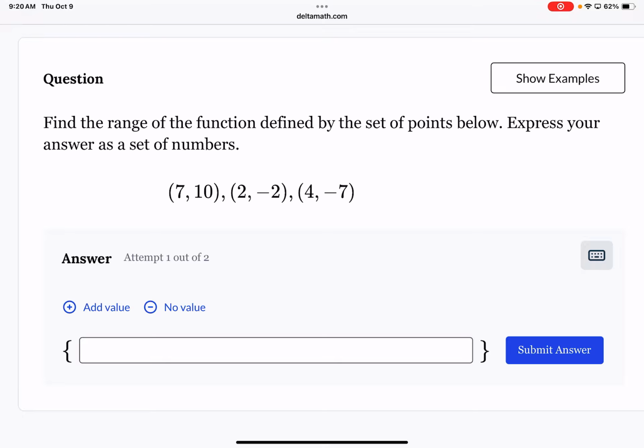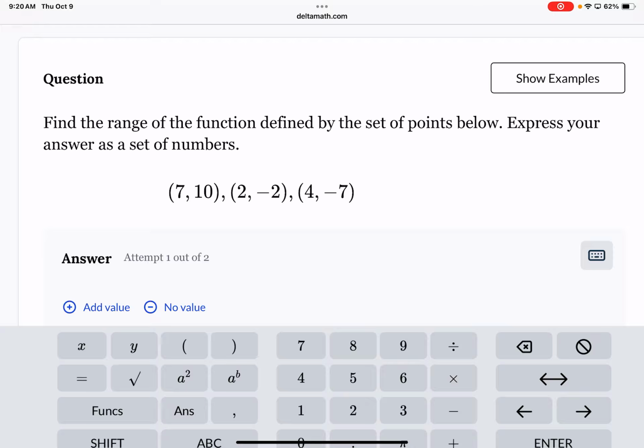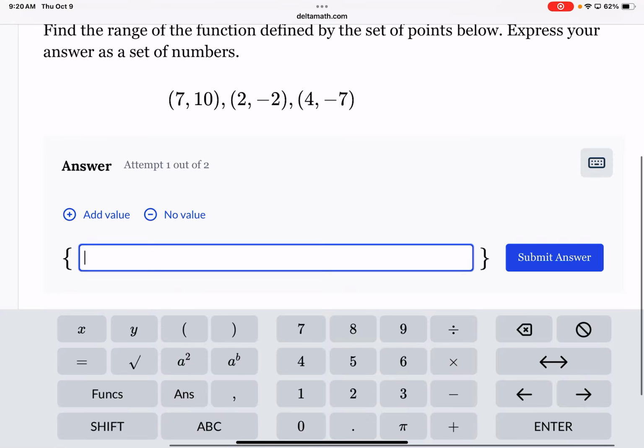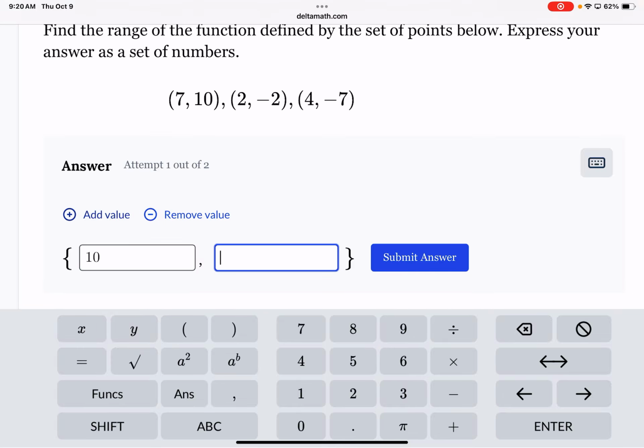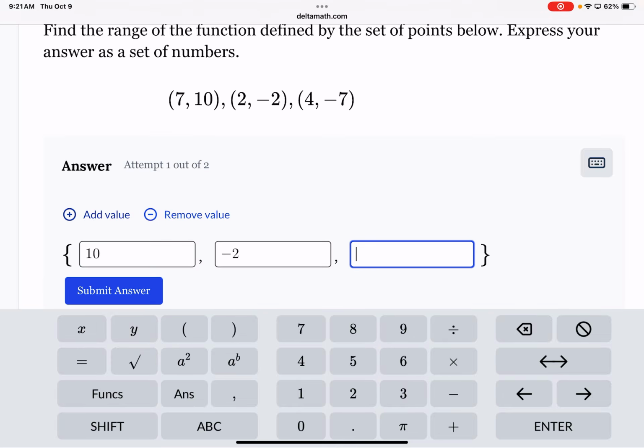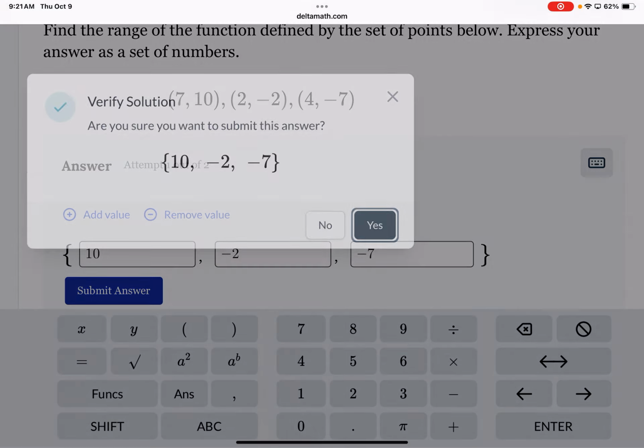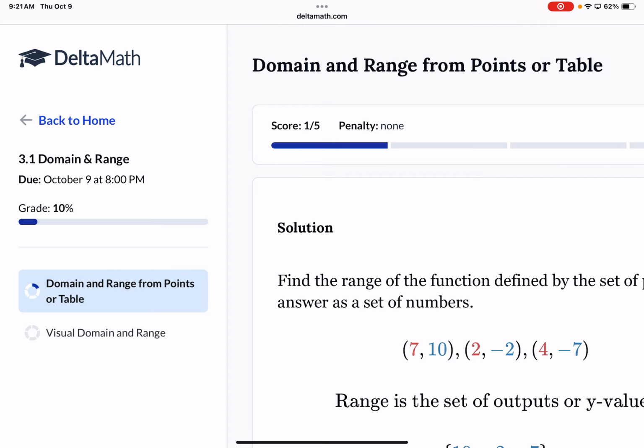So I'm going to look at those points and I'm going to write the Y values. What are the Y values I have? Y values. 10, -2, -7. There we go. That's how we do that.